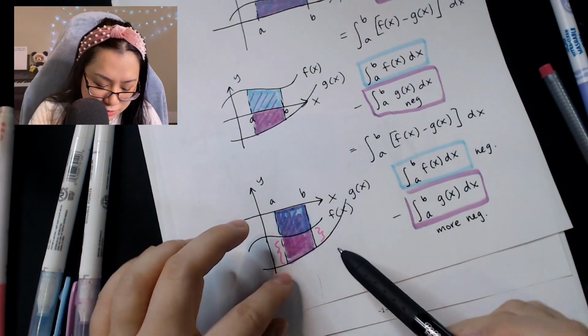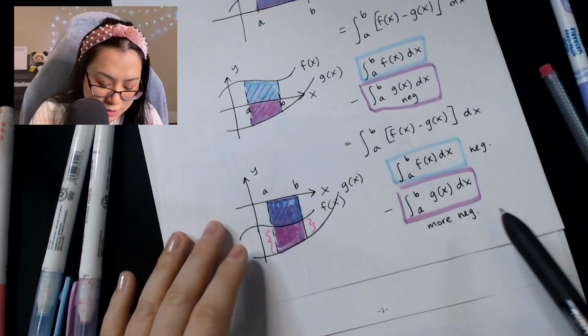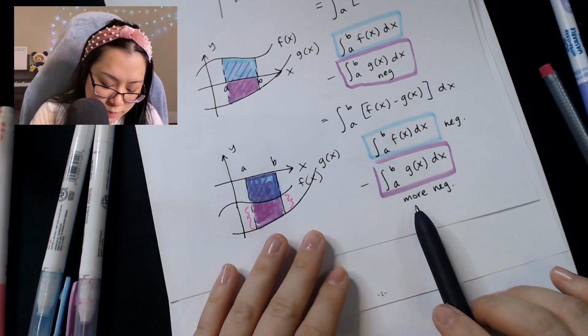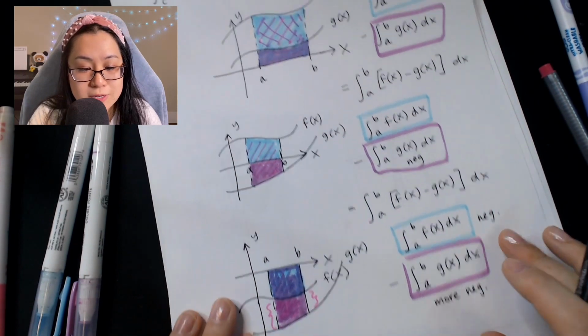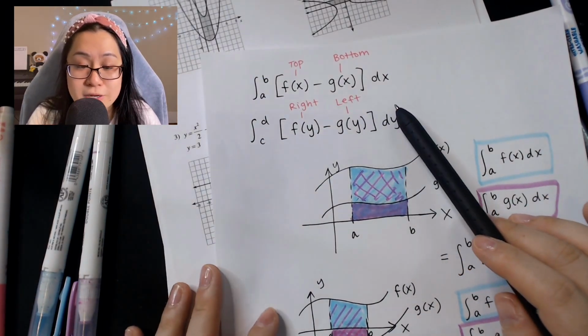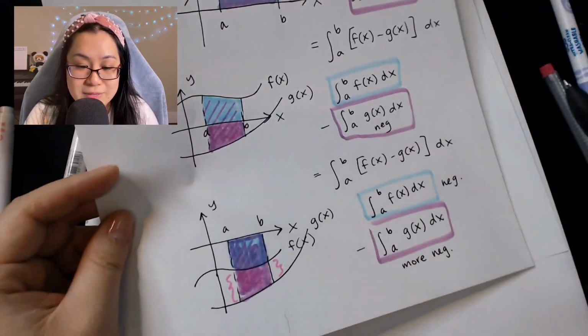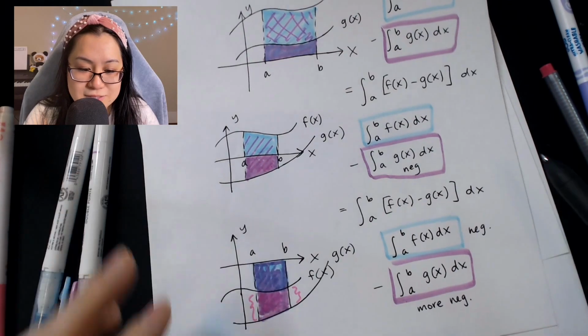But all in all, you could just flip this and find the difference between the two, and that's okay too. But if you want to just follow a single formula here, it really is just top minus bottom, and then make sure you have the intervals correct. Does that make sense? I hope that makes sense.